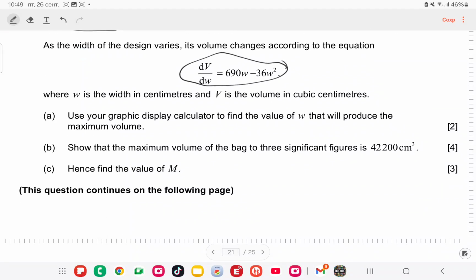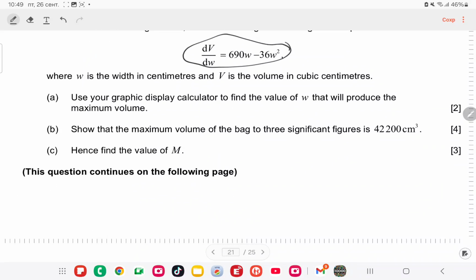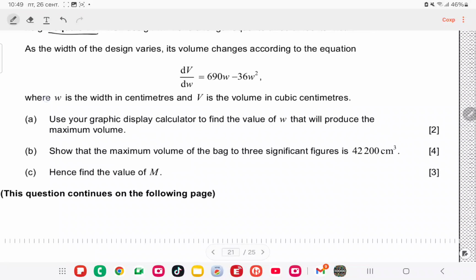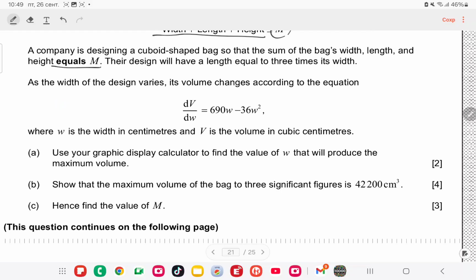Given dV/dW, it's the derivative of the volume, right? We can use calculus to find the maximum, where we first find the stationary point where our derivative is equal to 0.